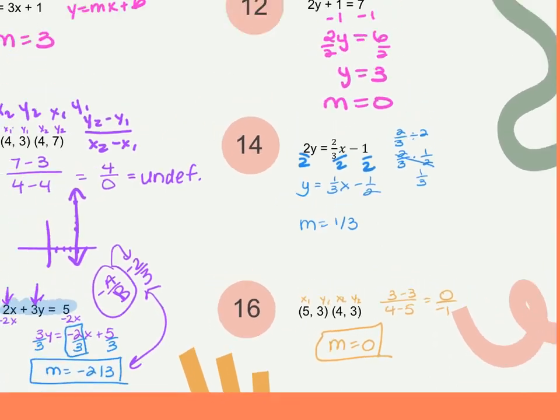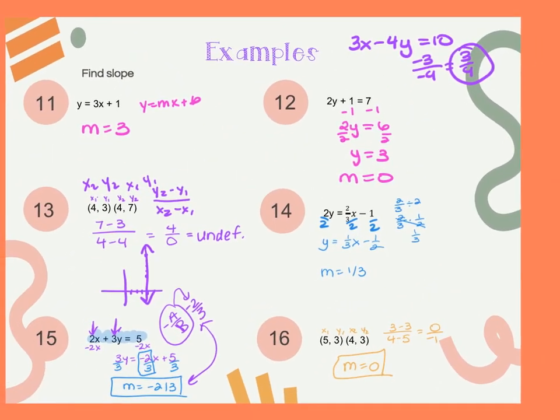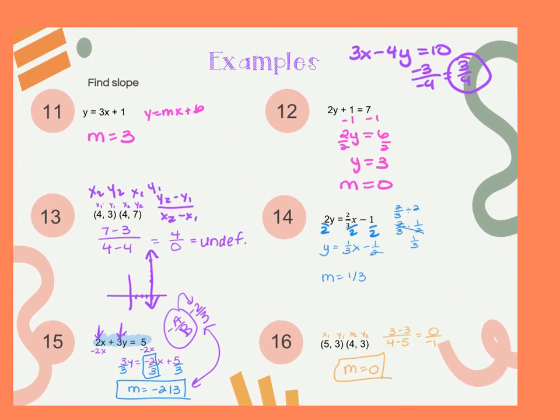Yes, that is true. And if I plotted those points, what kind of line should I have gotten? A horizontal line. Good. The x changed, but the y did not.